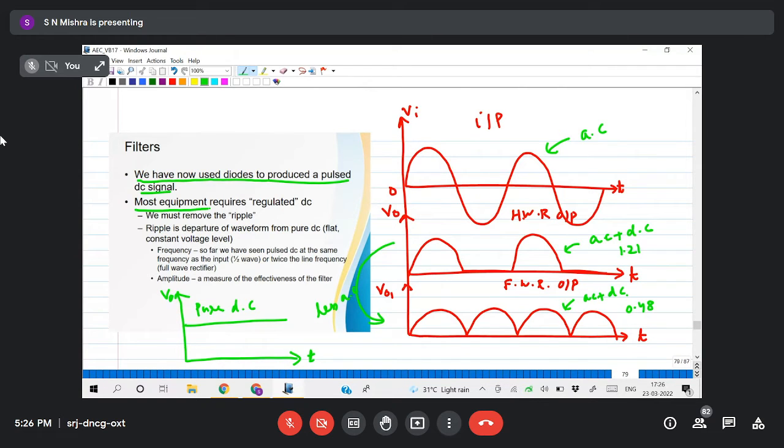Most equipment requires regulated DC. Regulated DC means pure DC. We must remove the ripple. So whatever ripple we are getting, we must remove this, so that this AC is removed to get pure DC.